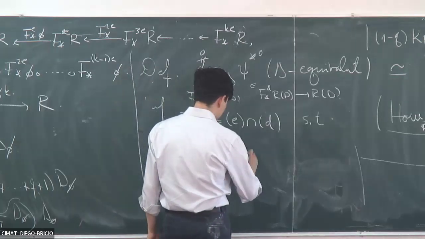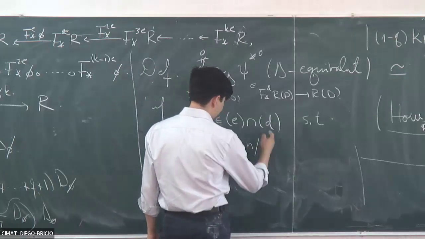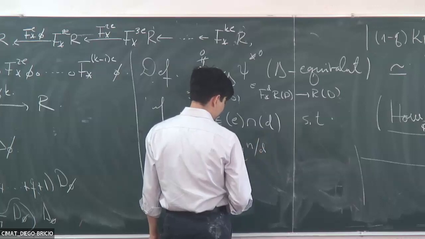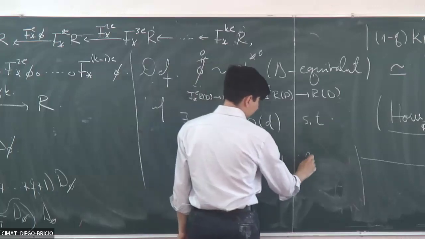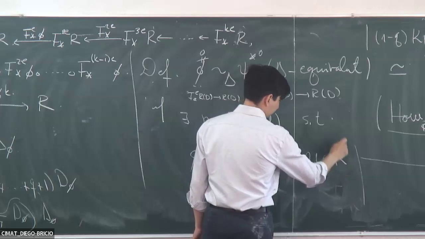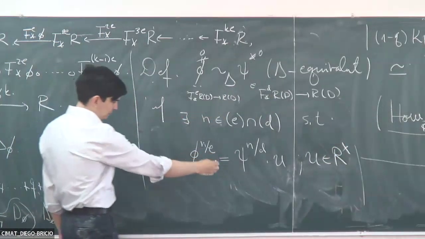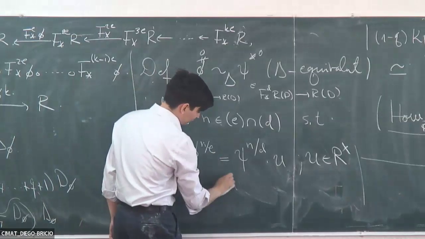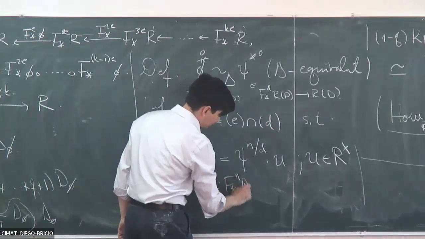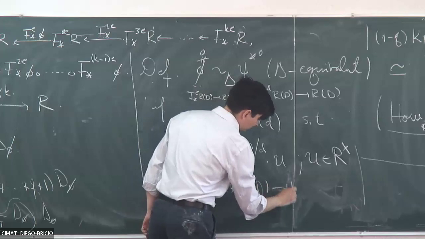Equals psi n divided by D this time times the unit. And these two maps here go from n RD to RD.